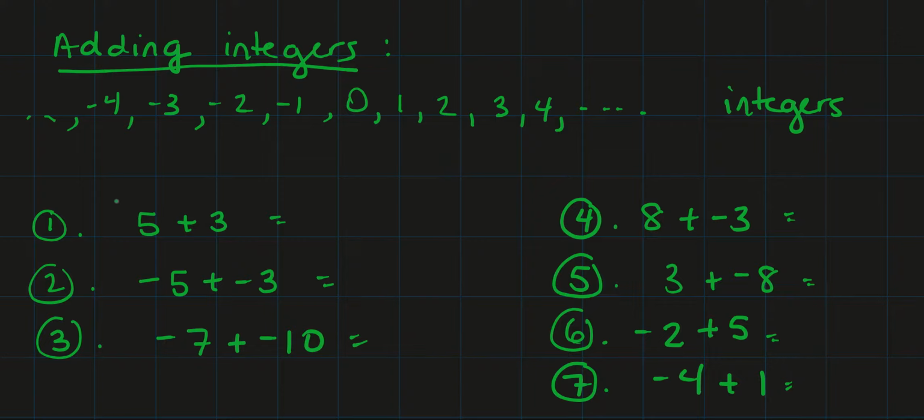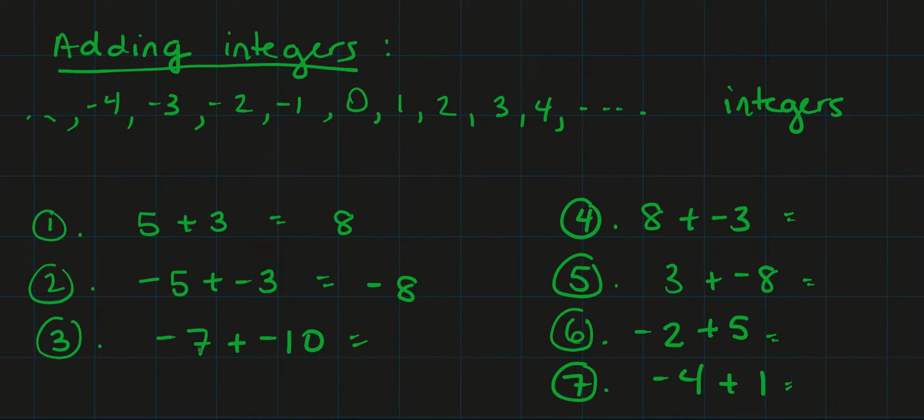Okay, so when we have the same sign and we're adding integers, we just add them like normal. So this is 5 plus 3, which is 8. And we keep the sign. So both of these are positive numbers, so our answer should be positive. If we're adding integers and they're both the same sign, so they both are negative numbers, we add the numbers. 5 plus 3 is 8, and we keep the sign.